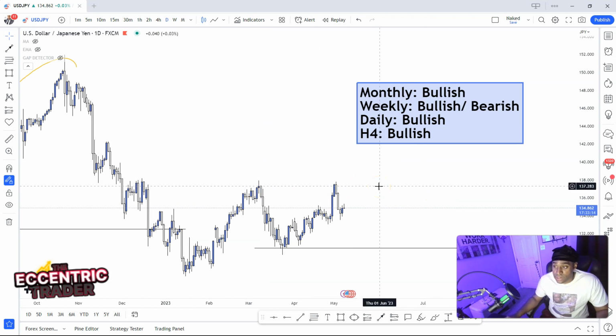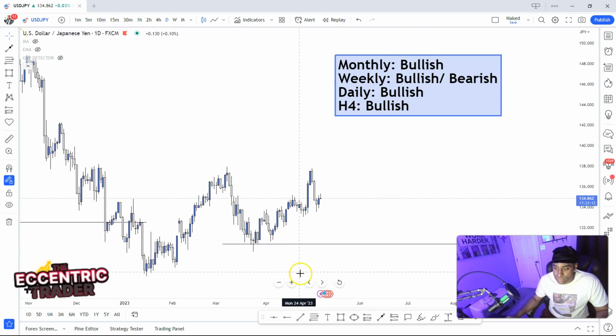All right. So where am I in structure right now? Price is continuously making higher highs and higher lows. I can show you.